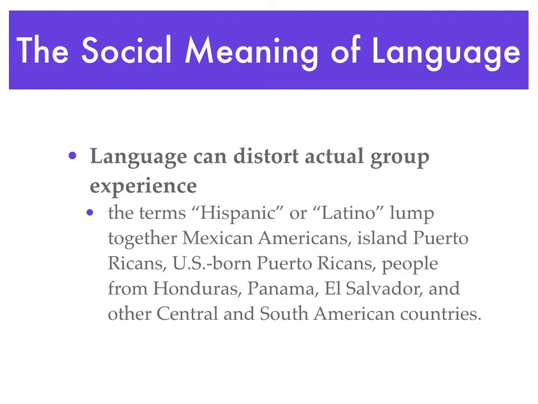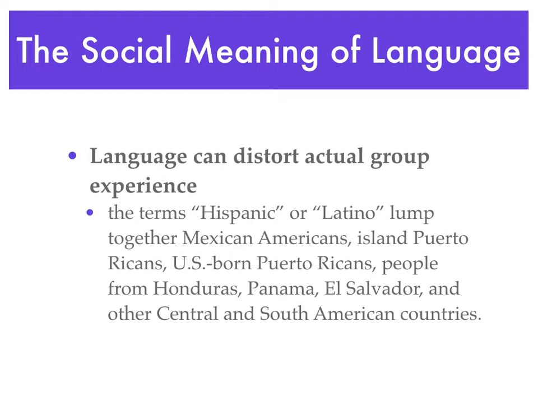I know that even if I choose Hispanic, Chicano, or Latino, I'm kind of bunching together really distinct groups of people like Mexican Americans, island Puerto Ricans, U.S. native-born Puerto Ricans, people from Honduras, Panama, El Salvador, Central and Southern American countries. And so the way we use language often kind of lumps people or hides their experiences, right?